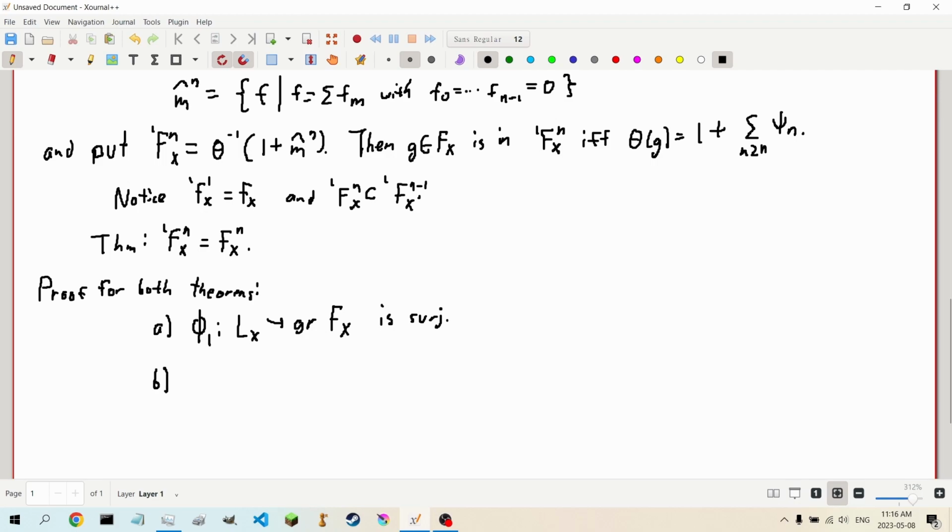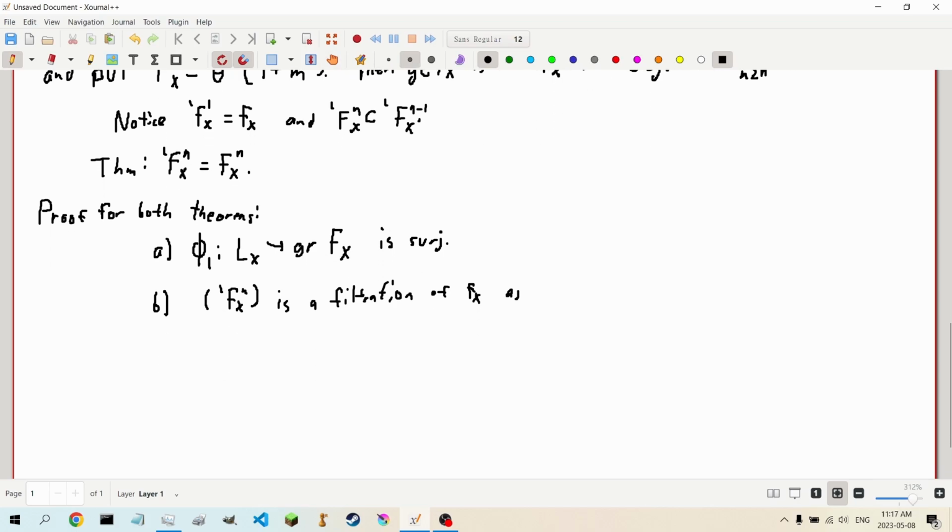We get that the set of F_n(X)' is a filtration of F(X), and we get that F_1(X)' is equal to F(X), so we just need to show that F_m(X)' and F_p(X)' commutators are inside F_{m+p}(X)'.